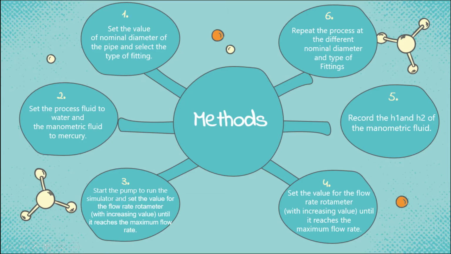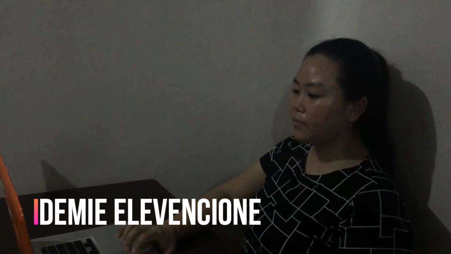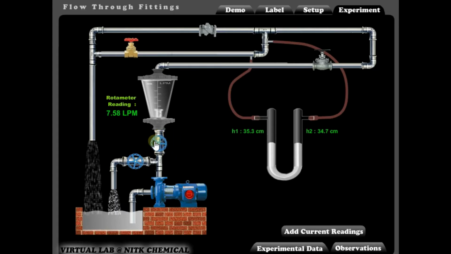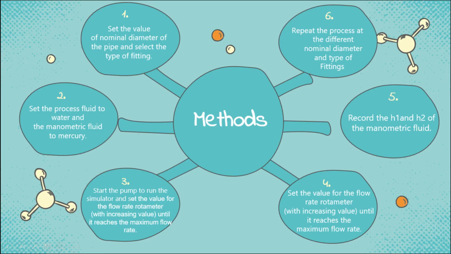Fourth, set the value of the flow rate on the rotameter with increasing value until it reaches the maximum flow rate. Fifth, record the H1 and H2 of the manometric fluid.